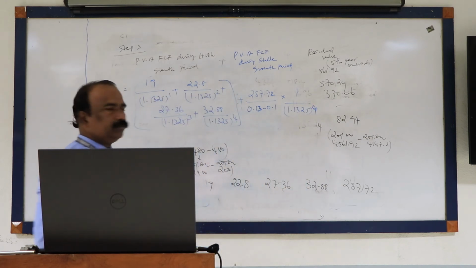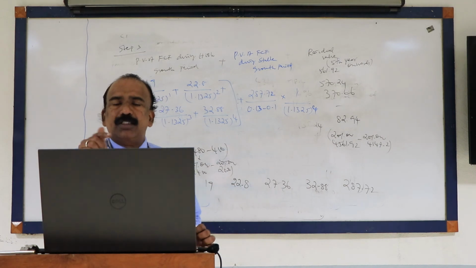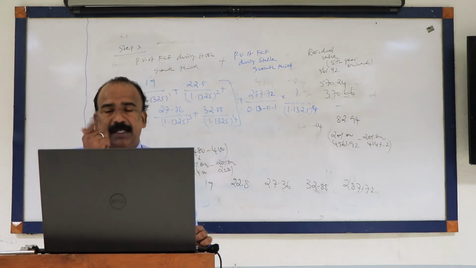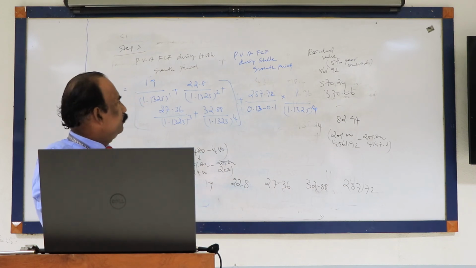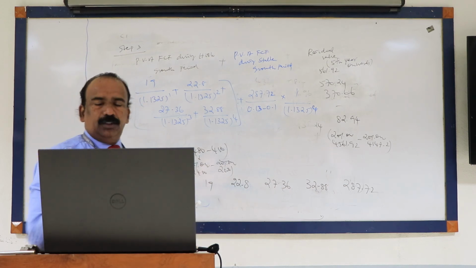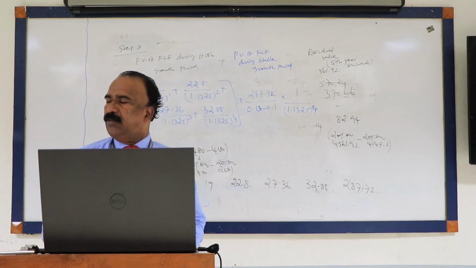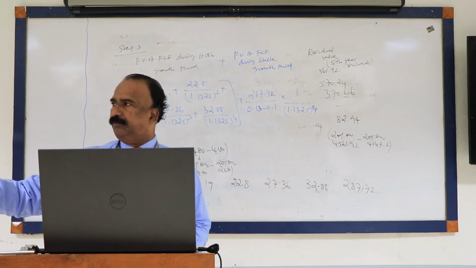We will have to use the WACC of the high growth period, that is 13.25. So add both and that will give us the value of the company.